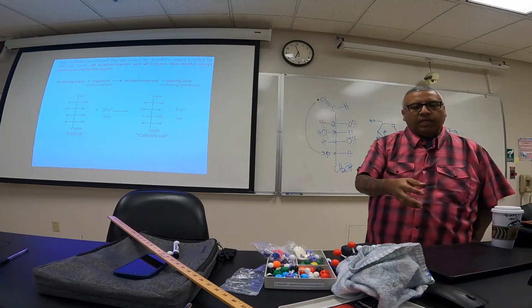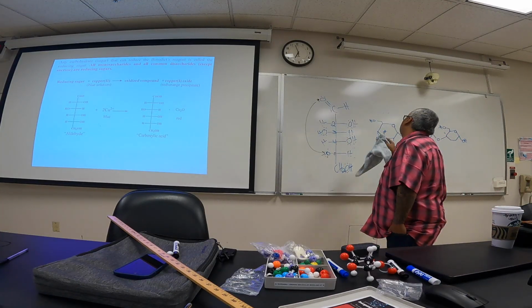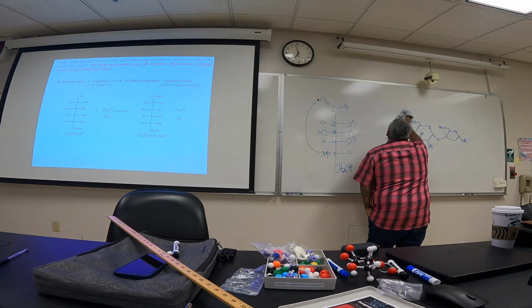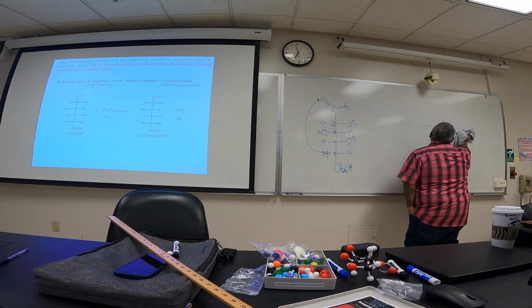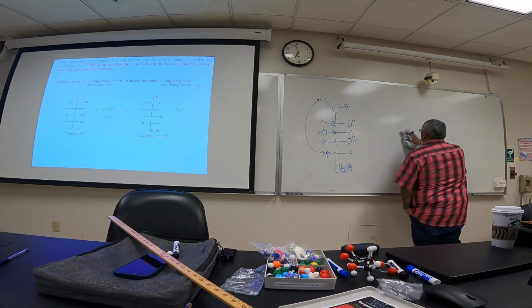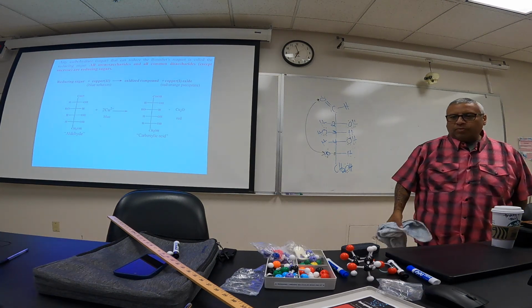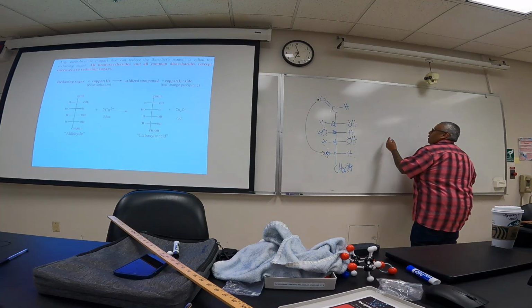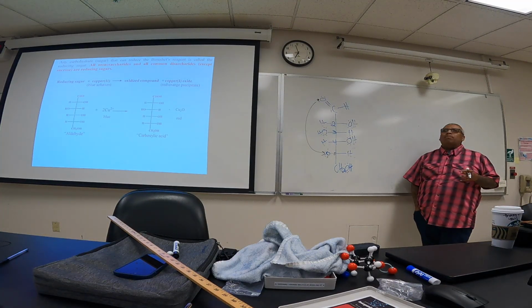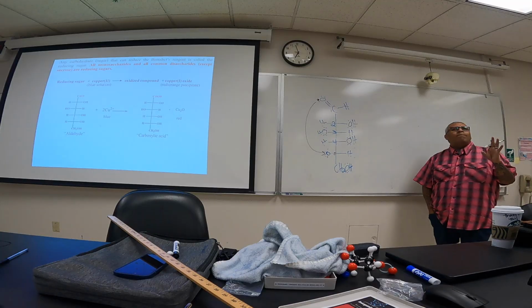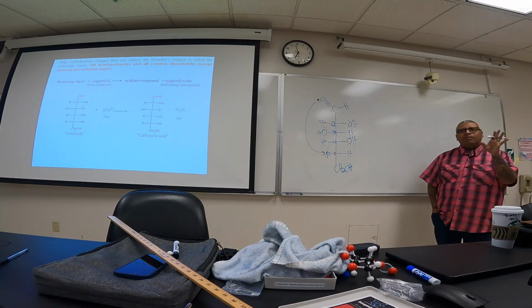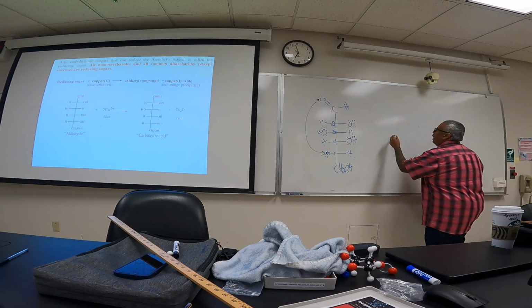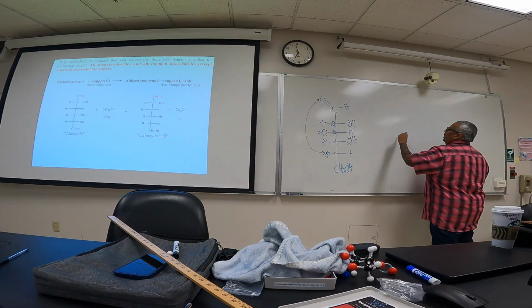Right? It can be reduced. Now, we use the term reducing sugar. I'm going to briefly explain reducing sugars. Again, in biochemistry there are terms that are a little different, but they come from general chemistry and organic chemistry.